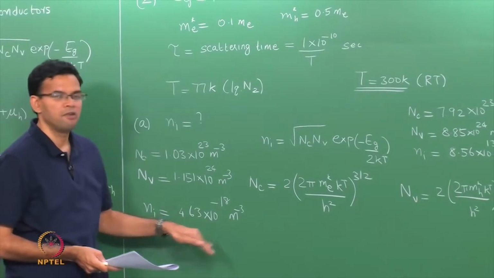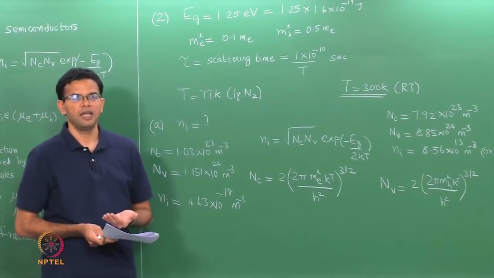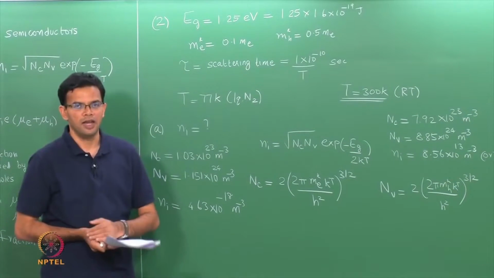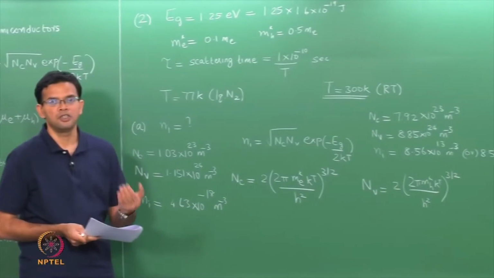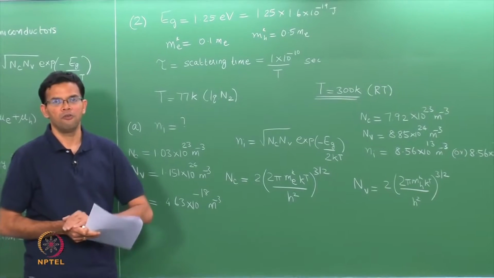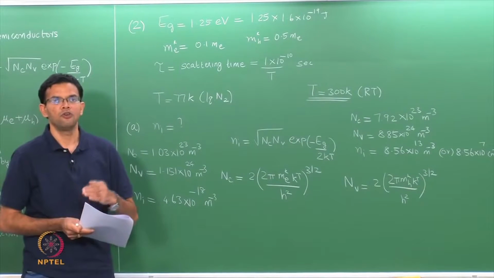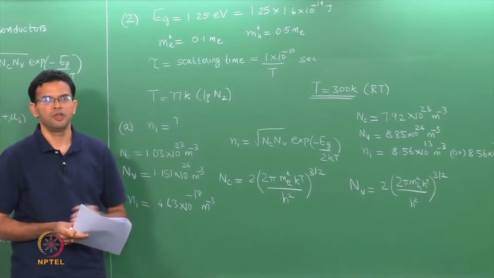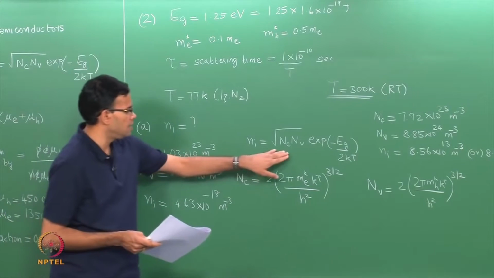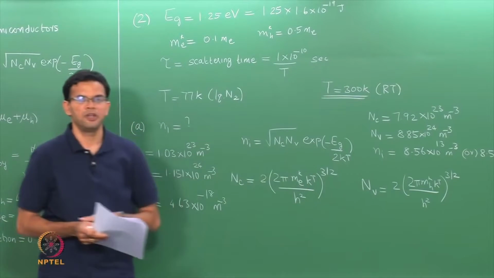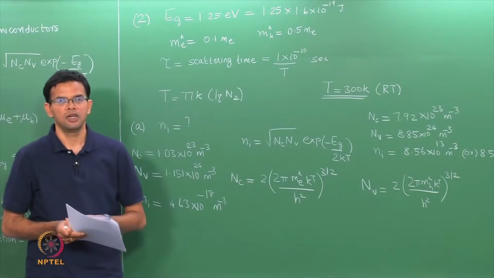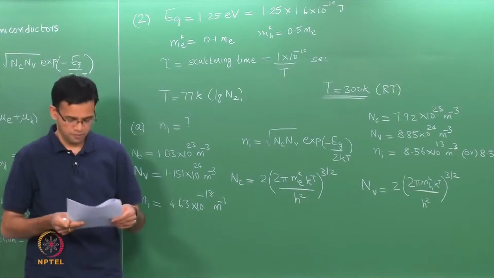Here you have a value that is 10 to the minus 18, and at room temperature you have a value for Ni that is close to 10 to the 13. So, overall there is a 31 orders of magnitude change as we go from liquid nitrogen to room temperature. This is why we say that out of these two terms, Nc and Nv and the exponential term, the exponential is the one that dominates in determining the value for Ni.